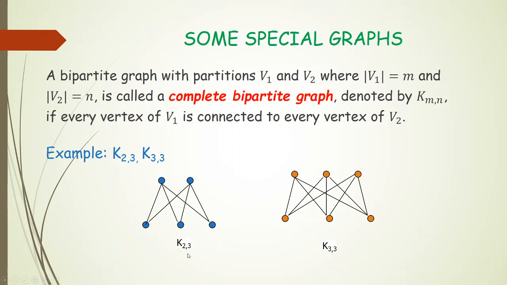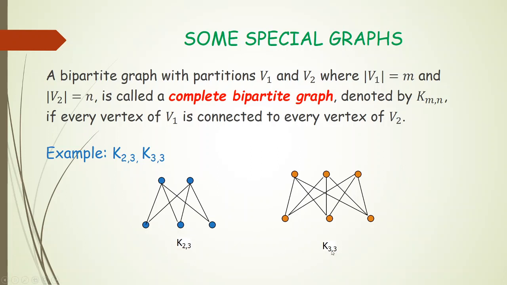This graph is called K sub 2,3, because there are two vertices from the first subset and three vertices from the second subset. This is complete. Why? Because every vertex from this set is connected to every vertex of this other set. So as you can see, this vertex is connected to this vertex, to this vertex, and to this vertex. And this vertex also is connected to these three vertices here.